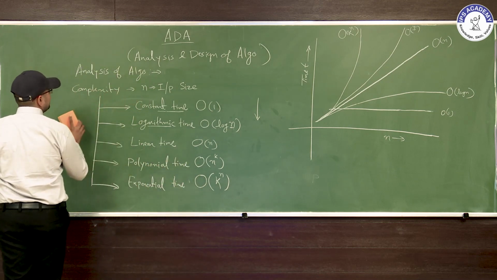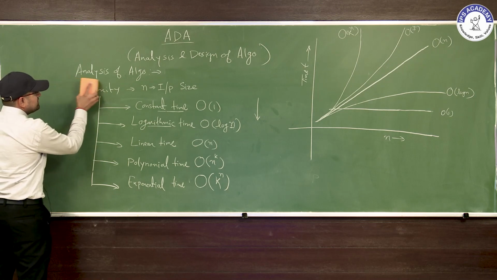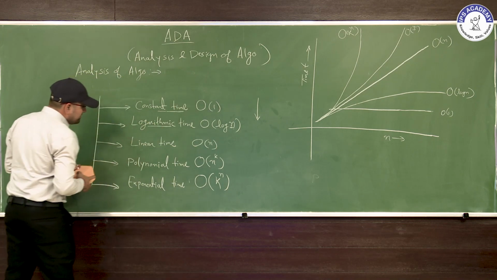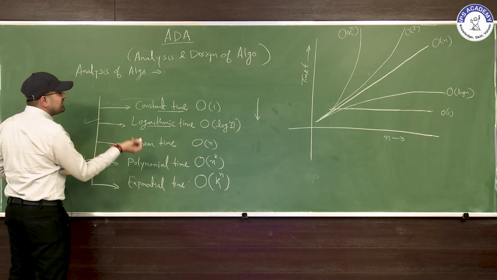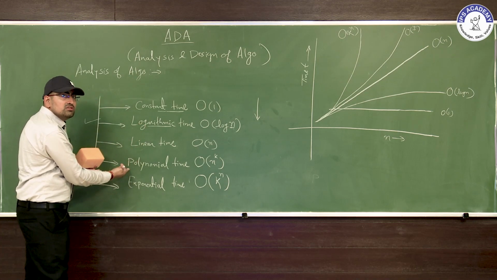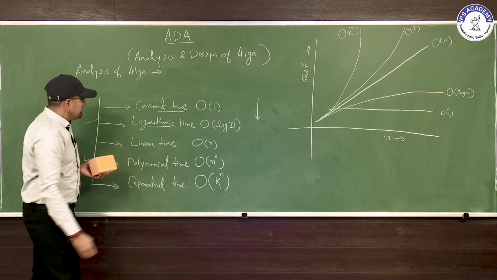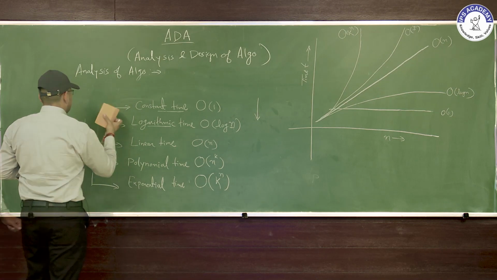I hope the categories of complexity are clear to you. So if an algorithm belongs to the polynomial category and another belongs to the logarithmic category, we can definitely say that the logarithmic algorithm would be better. So no need to go further in detail, right? We can easily understand this.